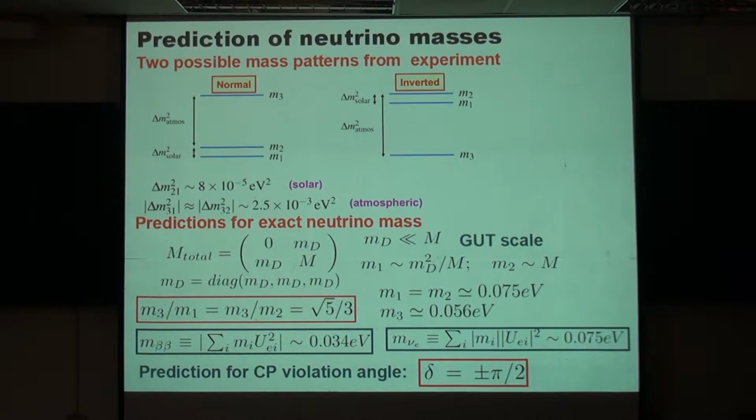But we can enforce muon and tau exchange symmetry combined with a complex conjugate. That's the meaning of anti-unitary symmetry. Just like when we exchange muon and tau, we also reverse the time. So if we impose such a very strange combined symmetry, we can enforce this CP violation angle to be maximal, plus or minus pi over 2.